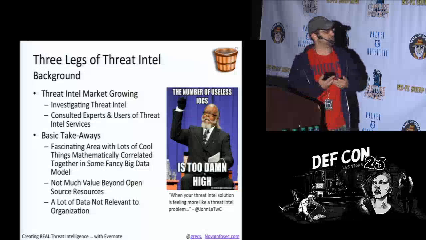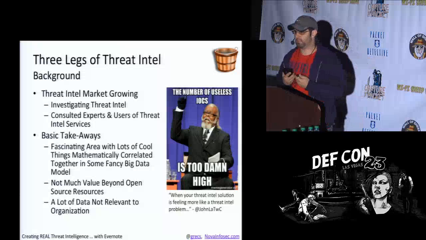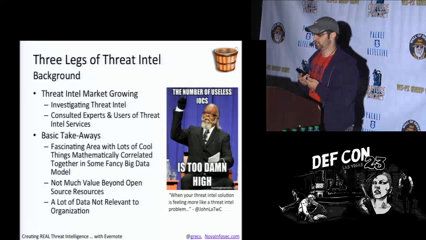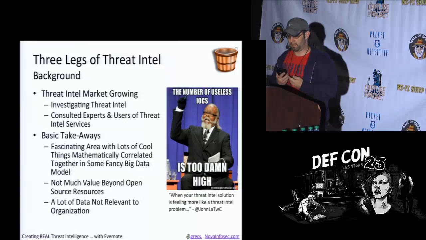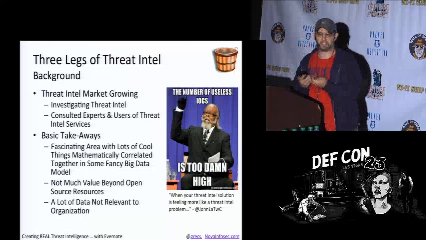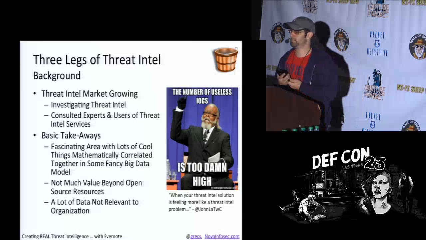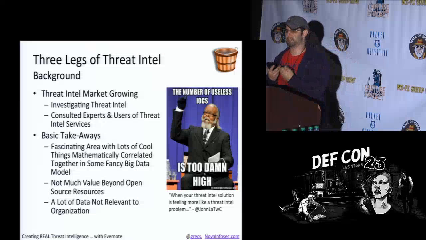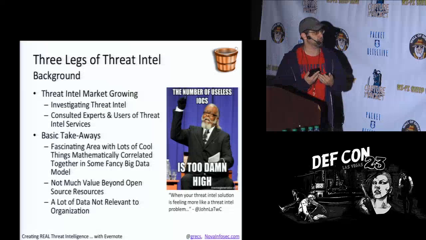I can definitely see that. But what I basically find, in surveying people that have used a lot of these systems, is that it isn't really that useful. A lot of times, just feeding the data directly into your defensive systems produces a lot of false positives. And so you really have to be selective of the type of data that you're going to use.